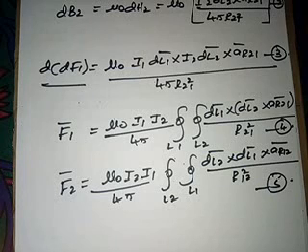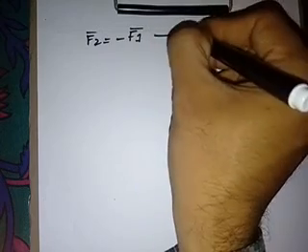From the vector triple product, it can be shown that the force F2 bar is equal to minus F1 bar.